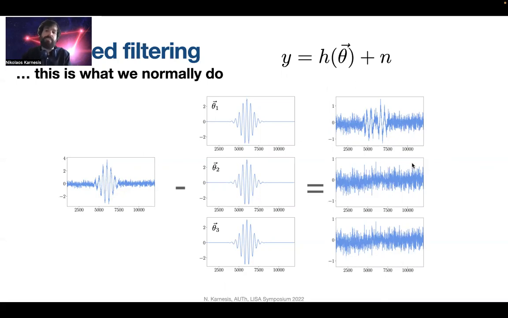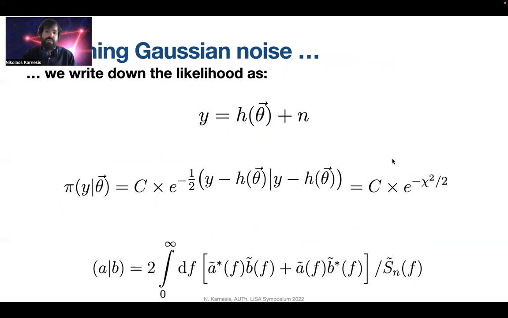So the aim is to have residuals with statistical properties that are the same as those of the noise of the instrument. And what we usually do is we assume this Gaussian likelihood, where this parenthesis here is the usual noise weighted inner product, which is basically the power spectral density of the time series weighted by the power spectral density of the noise of the instrument, right?